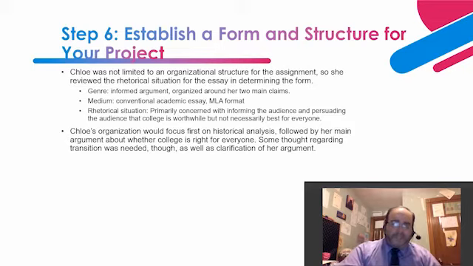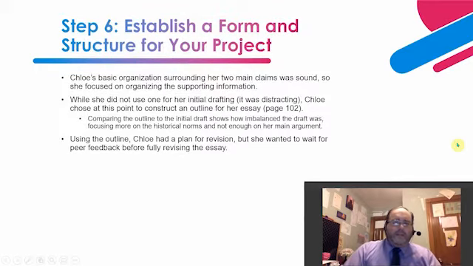So Chloe is going to focus her organization first on historical analysis, followed by her main argument about whether college is right for everyone. Some thought regarding transitions was needed, though, as well as clarification of her argument. So her basic organization surrounding her two main claims was sound, so what she decided to work on was organizing the supporting information around those main claims.